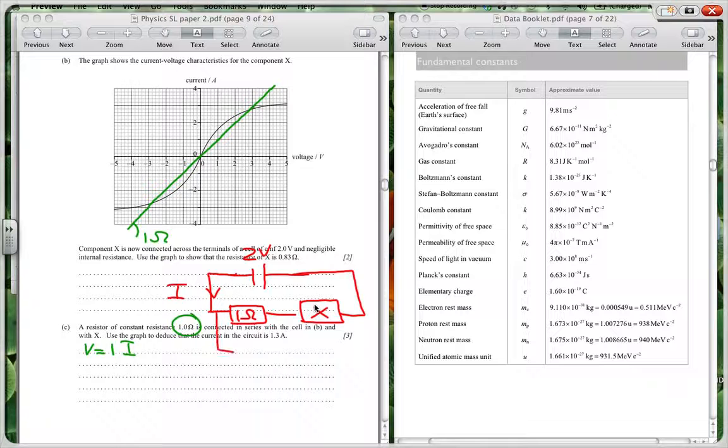Now let's call this voltage V1, and this V2. V1 plus V2 must equal 2 volts.